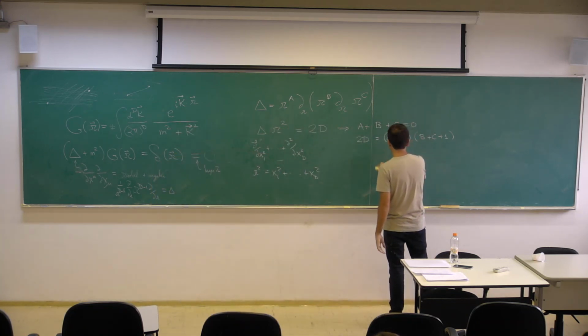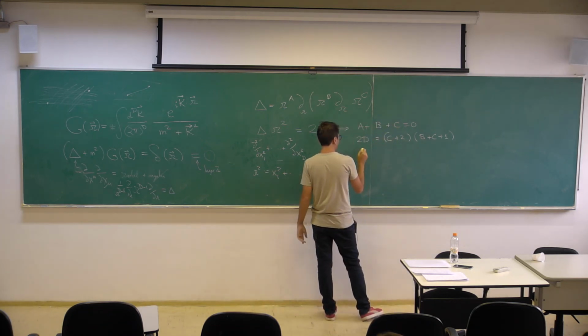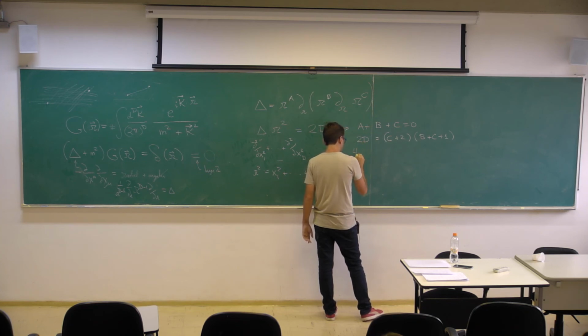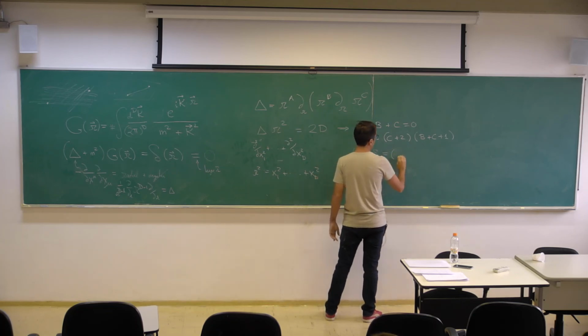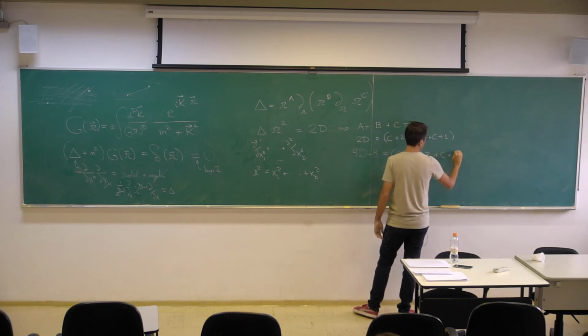And there is another equation you could get very easily, but since we are being asked to leave, I'll just write the result here. It would be 4d plus 8 equal c plus 4, b plus c plus 3.